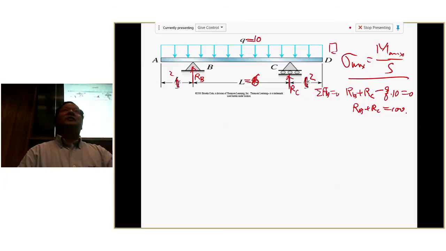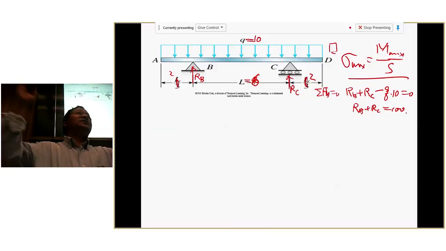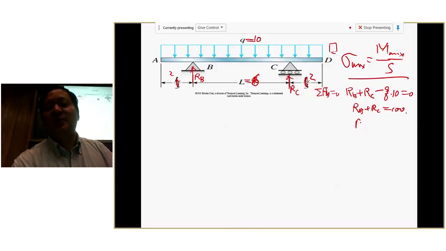Okay, here's the trick. Can we find RB, RC here without writing another equation? What's RB, what's RC? 50-50. Why is it 50-50? They are evenly distributed, symmetric, right? That saves you time. So RB, RC, 50.